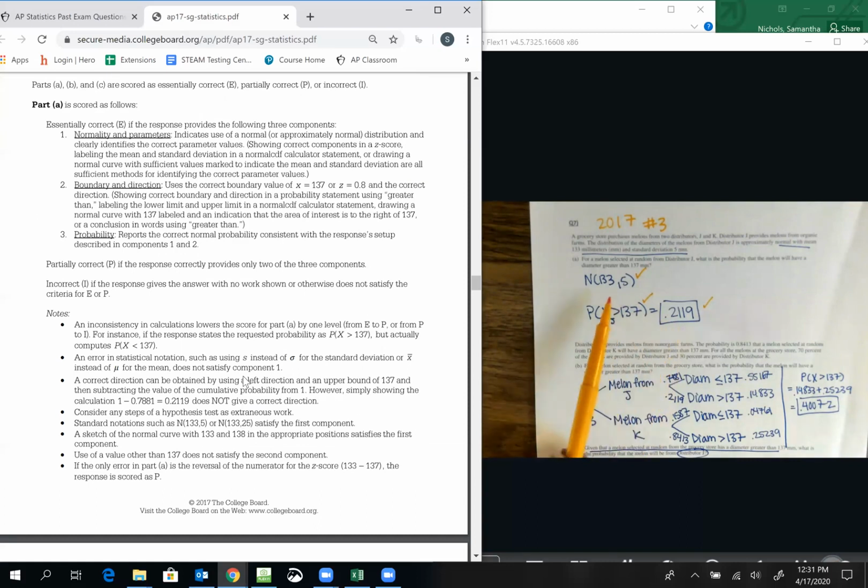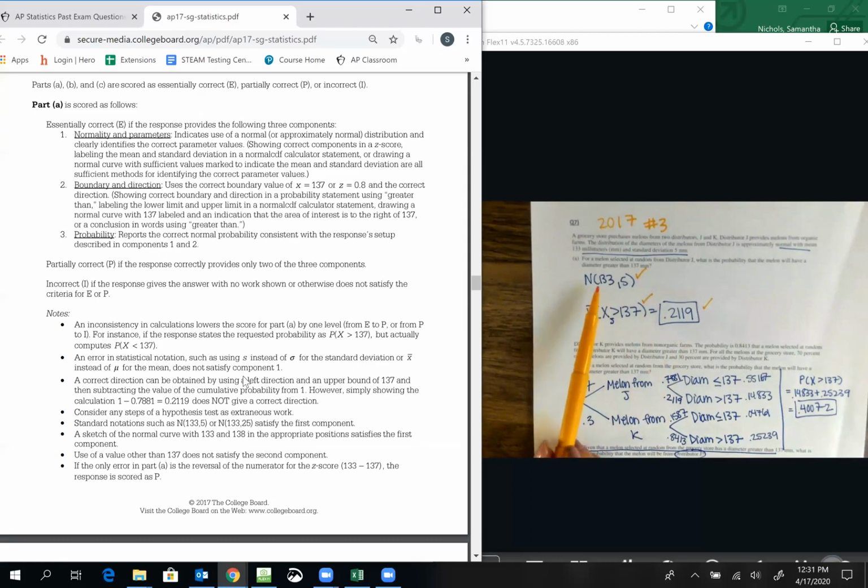Or if you somehow wrote down 143, or I don't know. If you wrote down the wrong number here, you can also get partially correct if your answer is consistent. Use of a value other than 137 does not satisfy the second component. I don't know why it would.